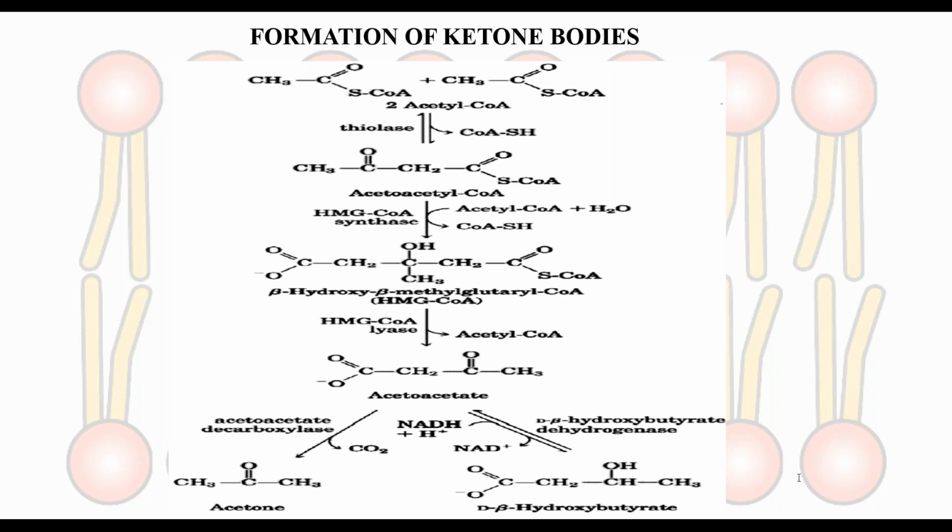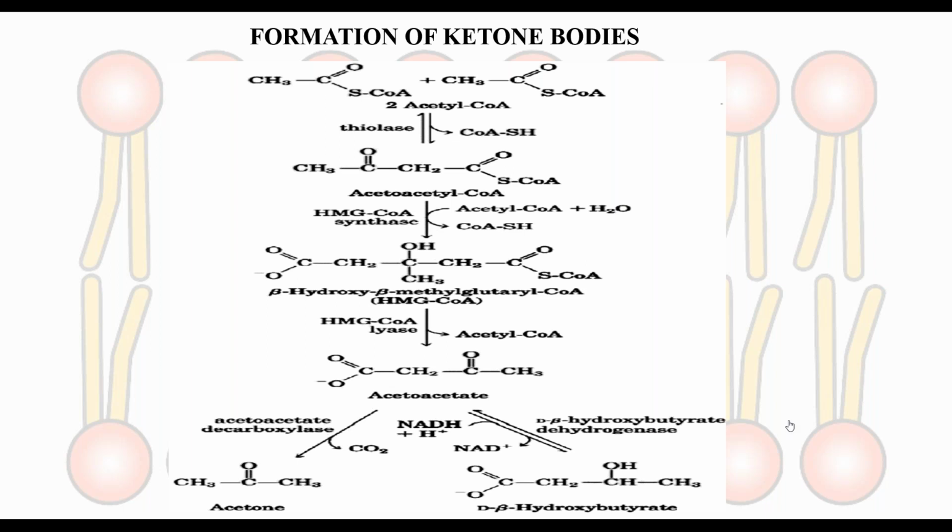Now in abnormal conditions, when the person is suffering from ketonuria, that is, presence of excess ketone bodies in the urine, it is 5,000 milligrams in 24 hours.